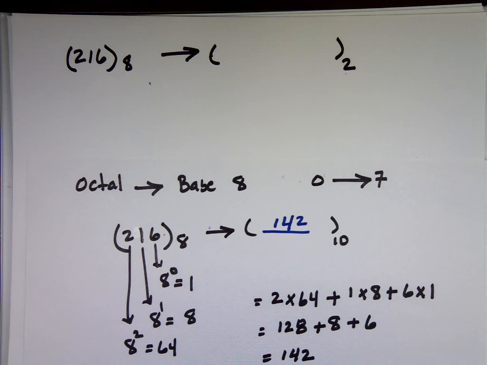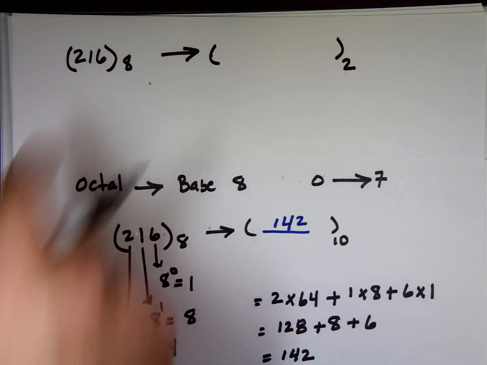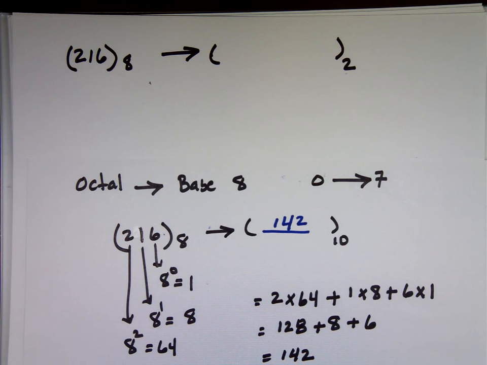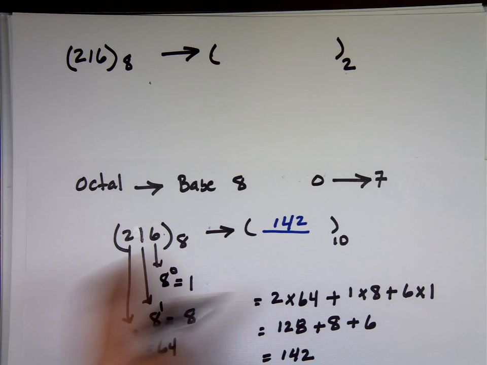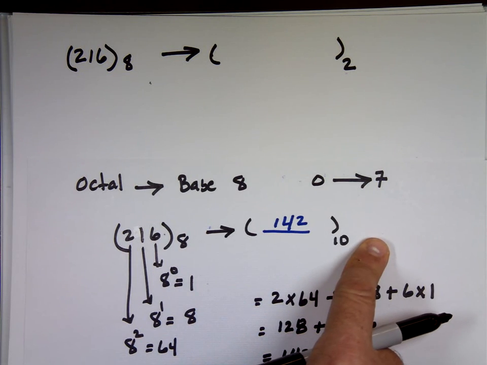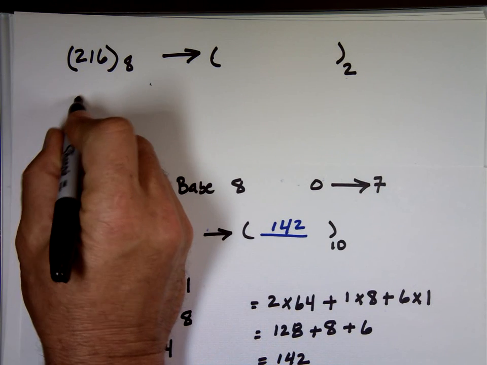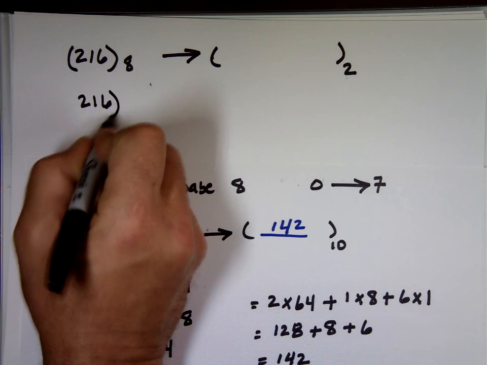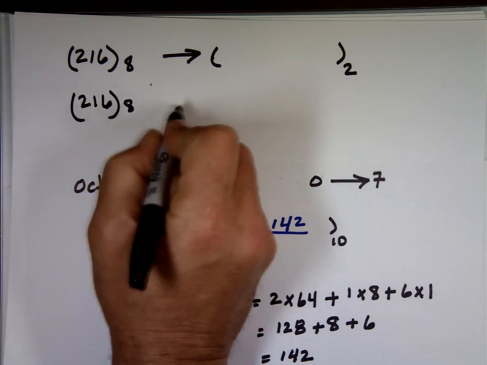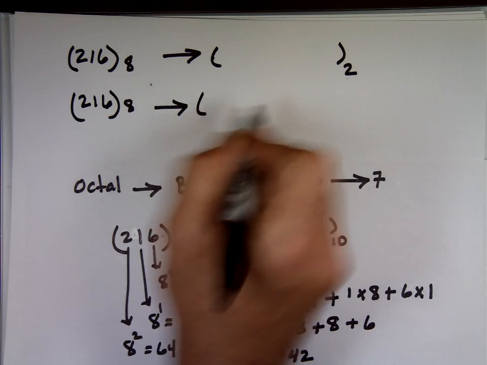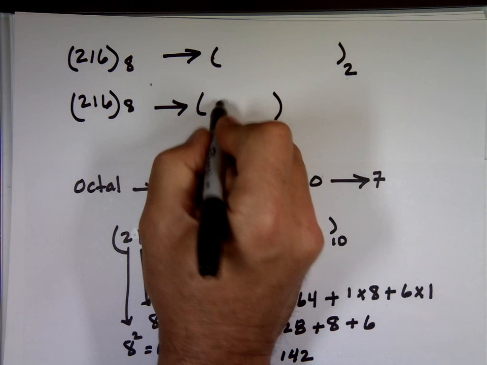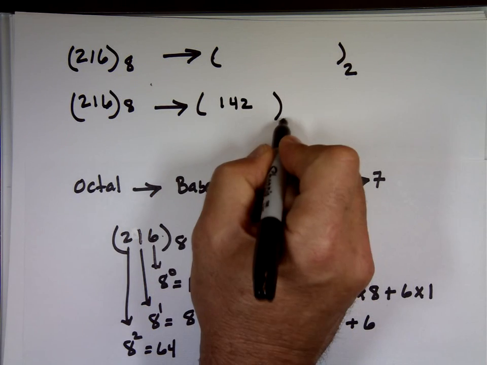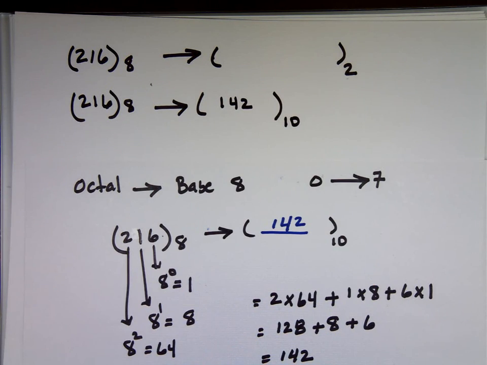So if you want to go from octal to binary, you go, well, I know how to go from octal to base 10. We just did that right here. So I can convert first to base 10.